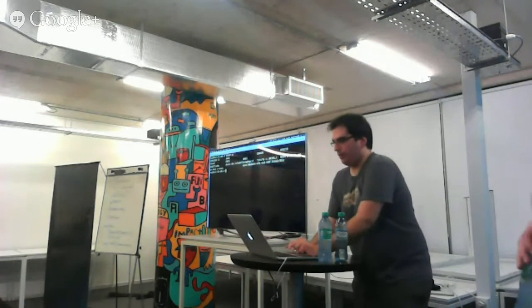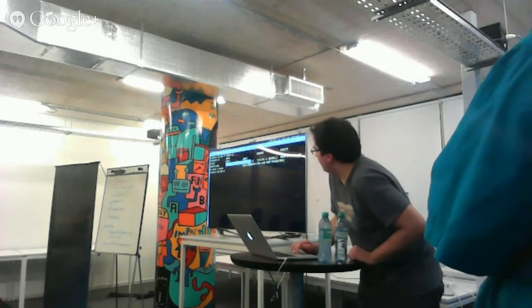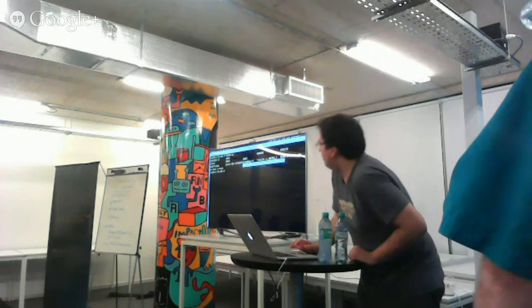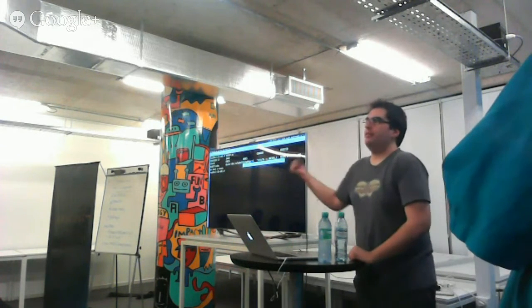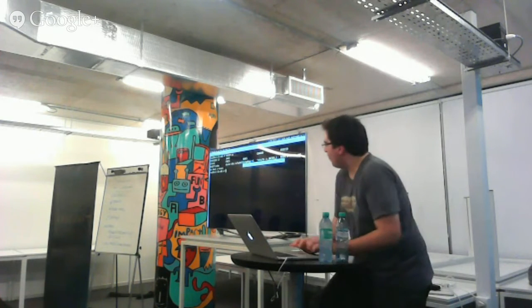If I do a Docker PS, I can see that this is the image I want to run. This is actually the name of the container. That's the name Mesos dash and the code that Mesos uses to track it.